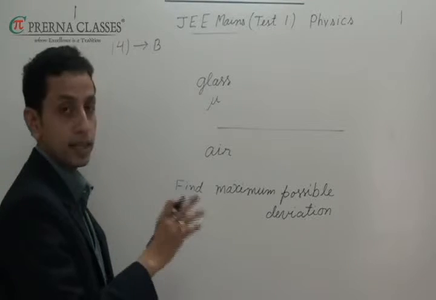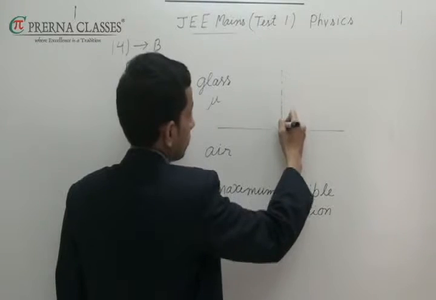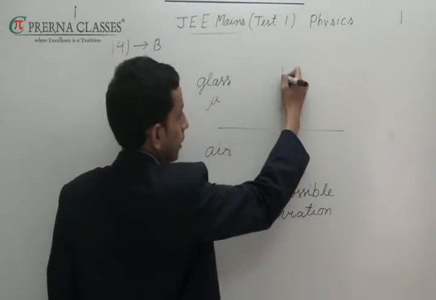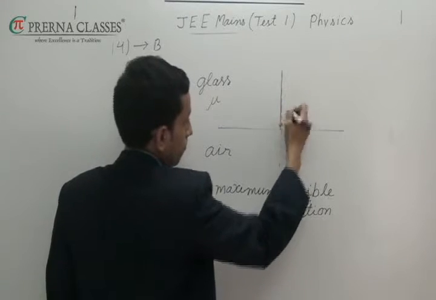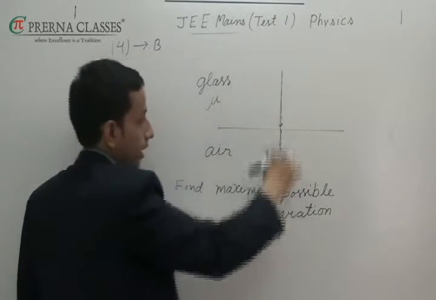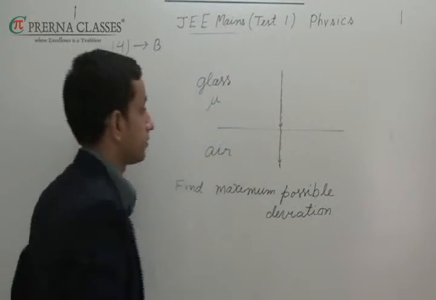First we will see what the different possibilities are. Suppose this is the normal. The first possibility is the ray coming along the normal and entering the air directly without any deviation. That is the case for zero deviation.